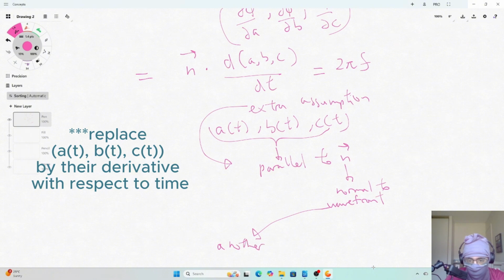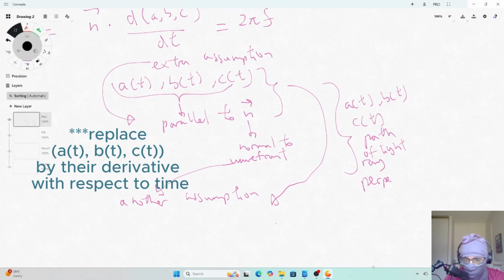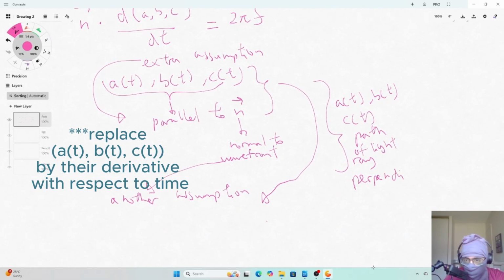Another assumption, we assume now that ABC is the path of the light ray perpendicular to the wavefronts.